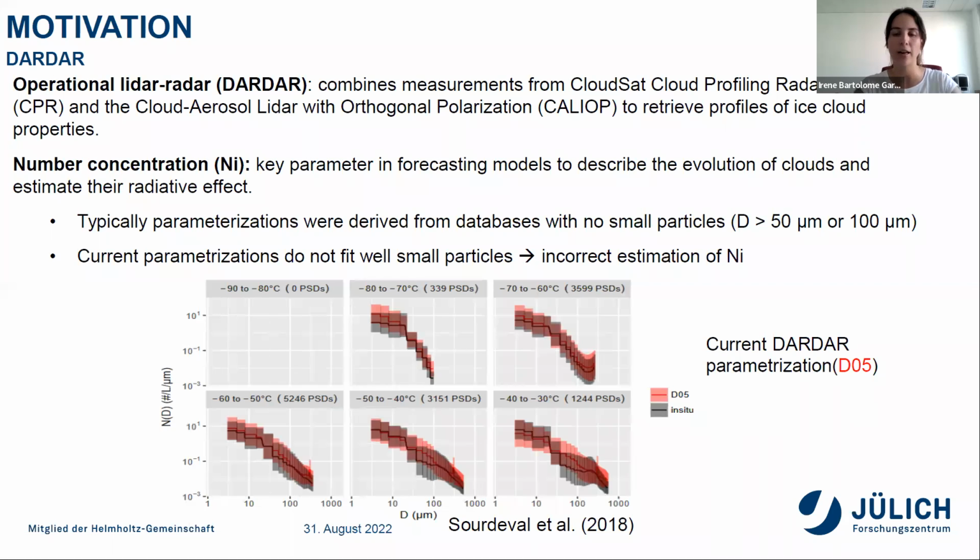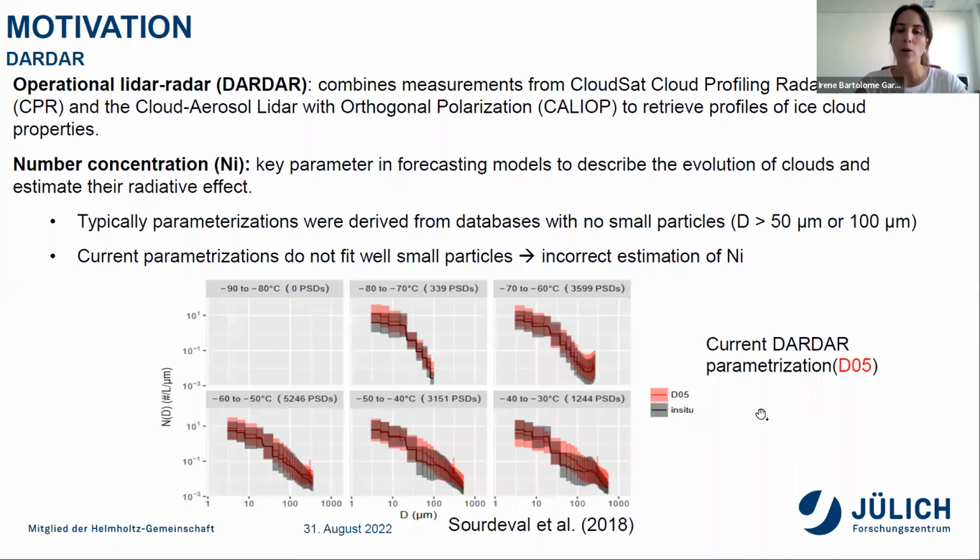Some of the results of this study can be seen in this figure, where again we have PSDs with concentration on the vertical axis and size on the horizontal axis, for different temperature ranges. We see in black the mean PSD for the observations, and in red the mean PSD from applying this D05 parametrization to the observations.